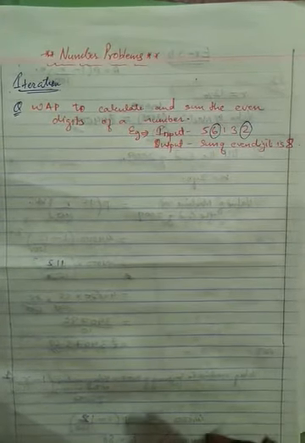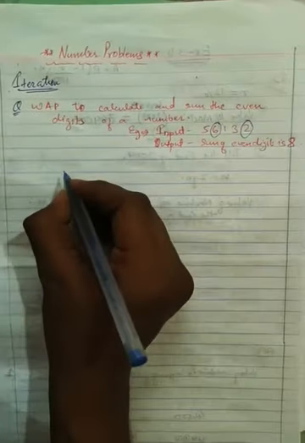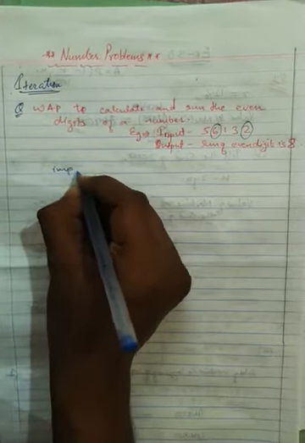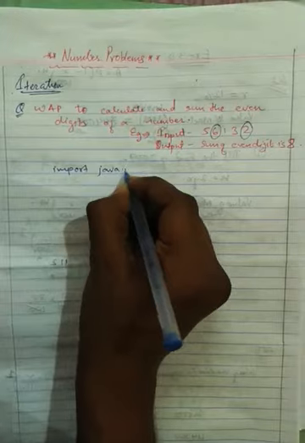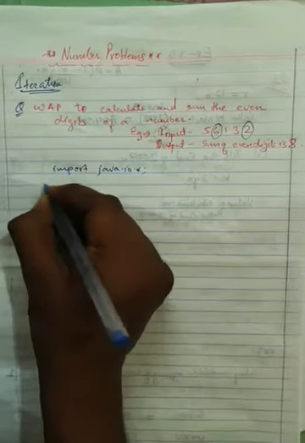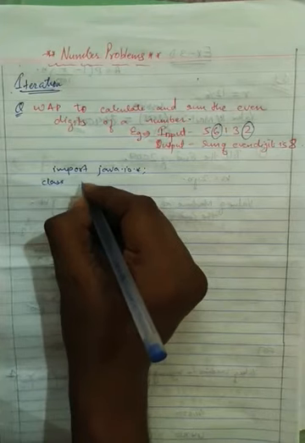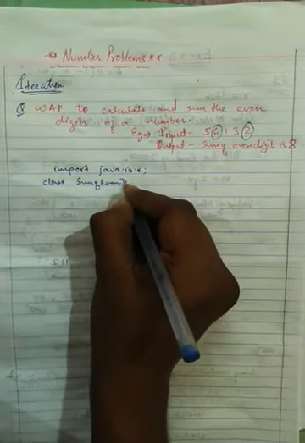We'll see. For this, first we know we have to find the sum of digits. The last question which we have done, remember what we have done? We started with import java.io.*, and then class, let's say this was SumOfEvenDigits.